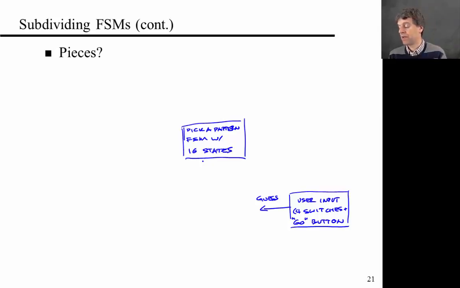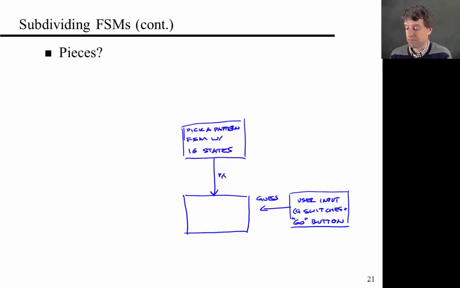As we said, 2 to the 4 different combinations, 16 states. Then there's probably some combinational circuit here that compares these two, so we want to check the guess. And that's just combinational.